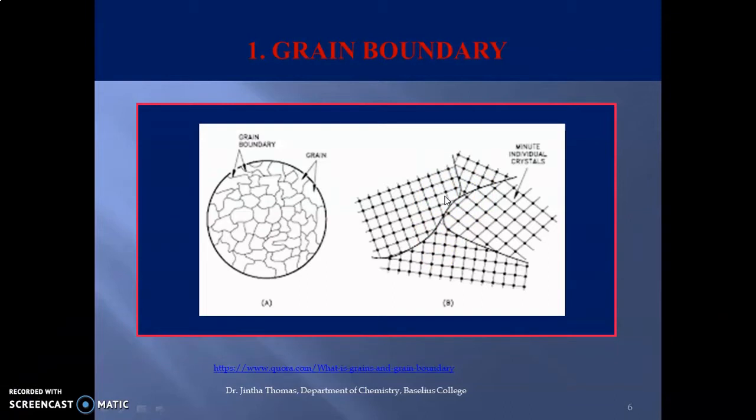The atoms held in between these grains, that is, the atoms in this boundary region, are attracted by crystals on either side, and depending on the forces of attraction, these atoms occupy equilibrium positions. This boundary region is called a crystal boundary or a grain boundary.